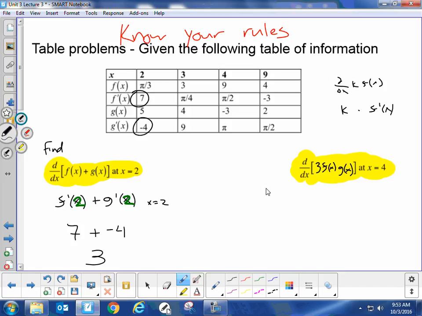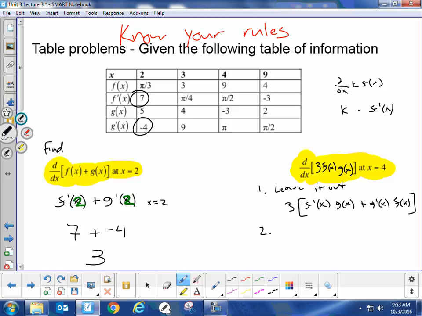We could do that with the 3. I can say it's 3 times the derivative of f times g, which is f prime g plus g prime f.